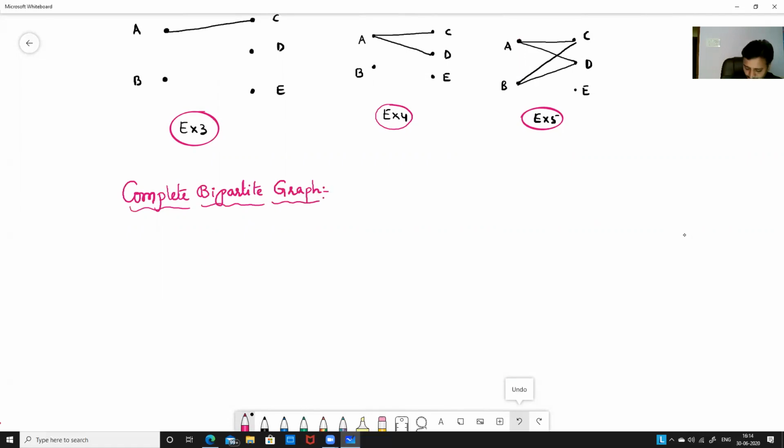Complete bipartite graph. Let G(V, E) be a graph.